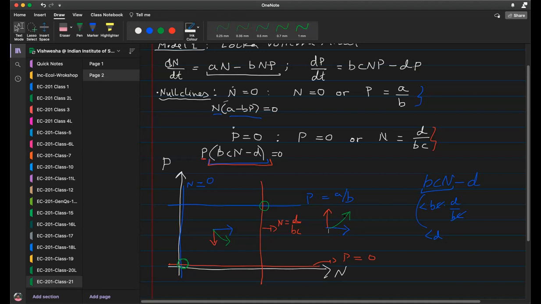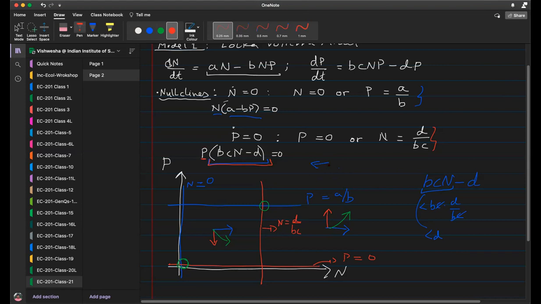Okay. Now let's look at what's happening in this part. What happens to dn by dt? Now I'm above p equal to a by b. Therefore, p is now very large, so this term becomes negative. The n dot is now negative, so it's in this direction. What happens to red, prey? Predators, are they still increasing?